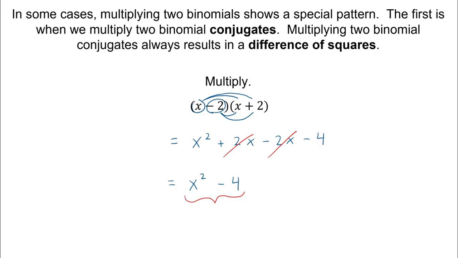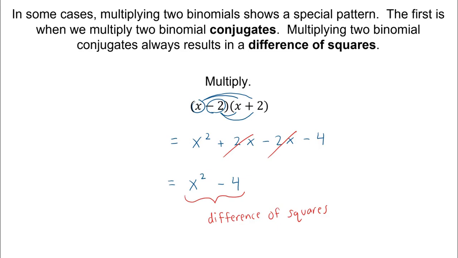The special name for this resulting binomial, this x squared minus 4, is called a difference of squares. Or you may hear it called a difference of perfect squares or a difference of two perfect squares.